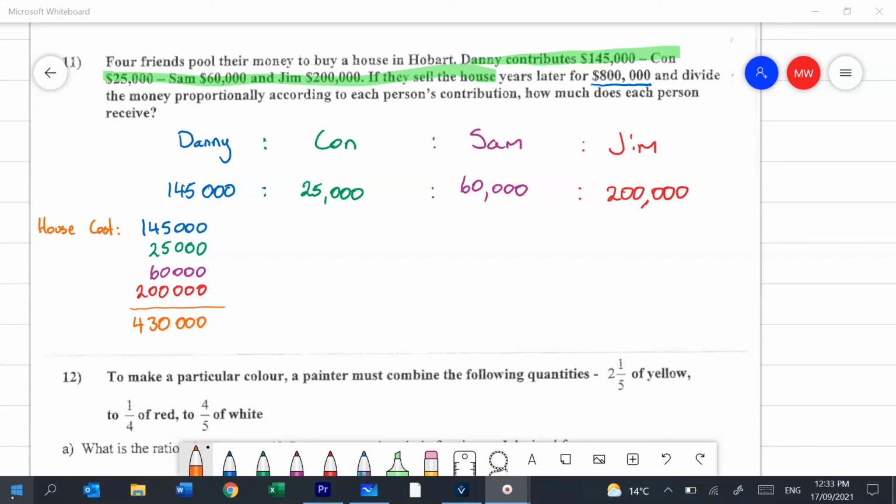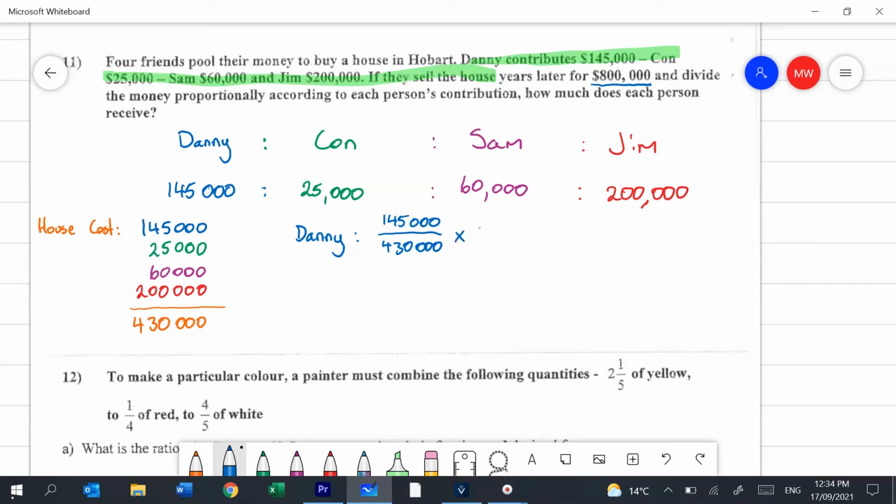Now I talked about fractions versus ratios. What we can do is we can use fractions to work out what each of these guys is entitled to. So Danny contributed 145,000 of the original 430,000. So that's his ratio, or that's his fraction of what he had contributed.